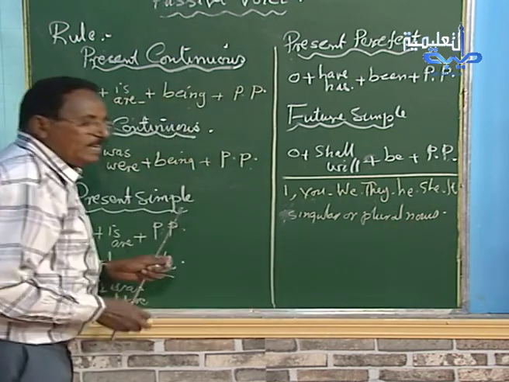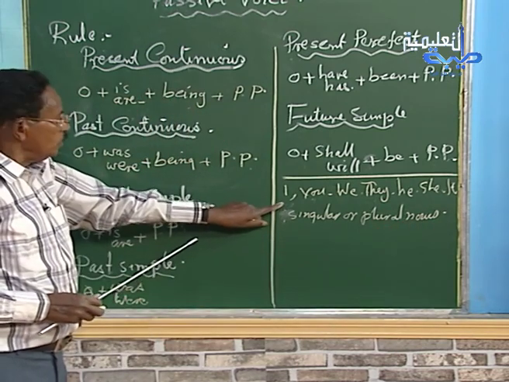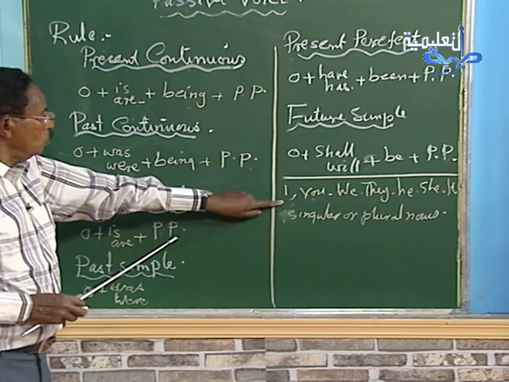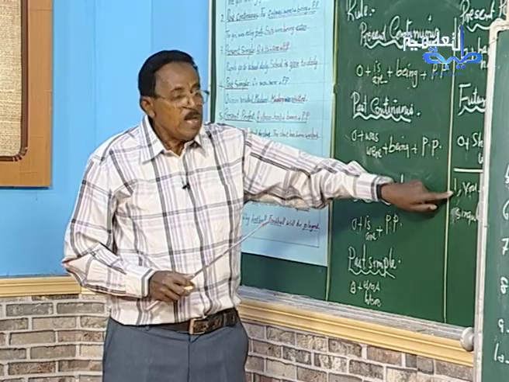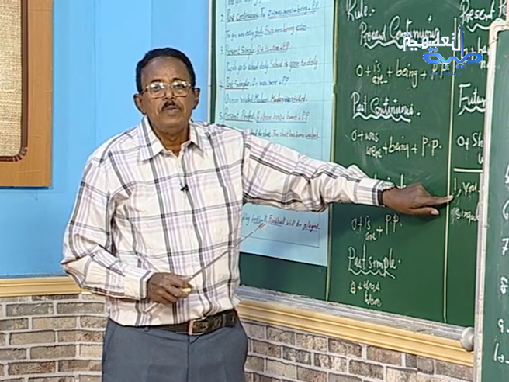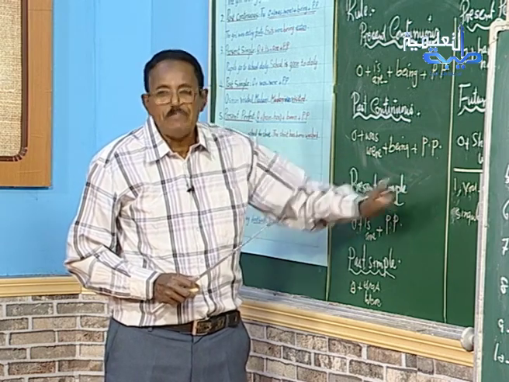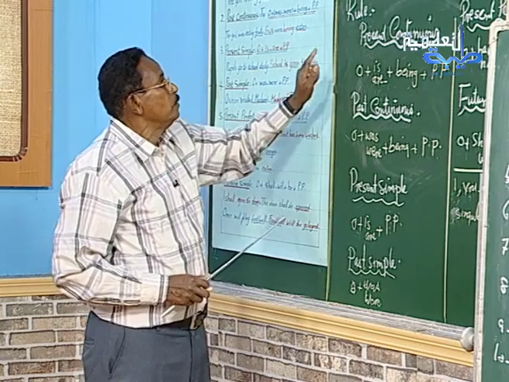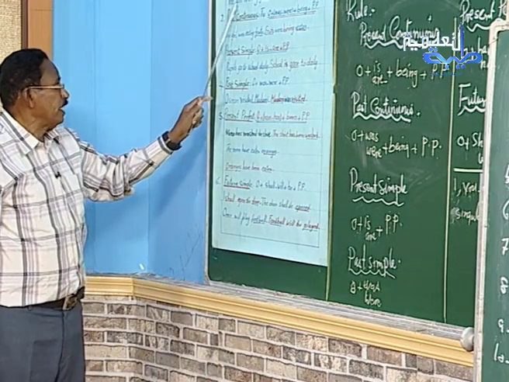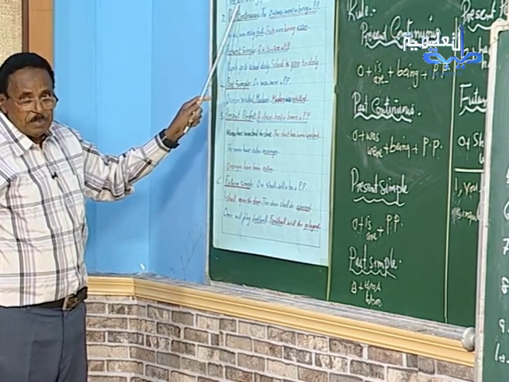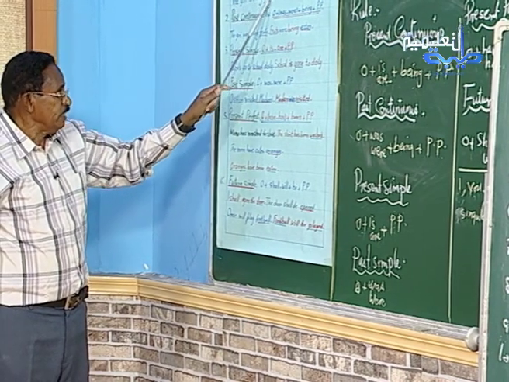When you find these, they always come before the verb. Every subject comes before the verb. You see here, the girl. This is the subject, and it comes before is eating.